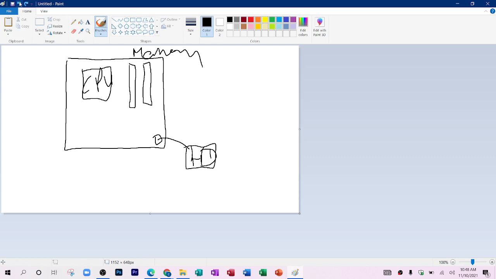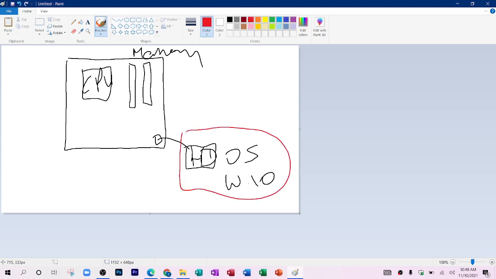When your computer is off, your operating system, OS, in this case Windows 10, is stored on the hard drive. This is where it is currently being stored, on the hard drive. Now when you turn on your computer, when you press that power button, or turn on your phone, what's going to happen is that that data, that operating system, gets pulled into memory.